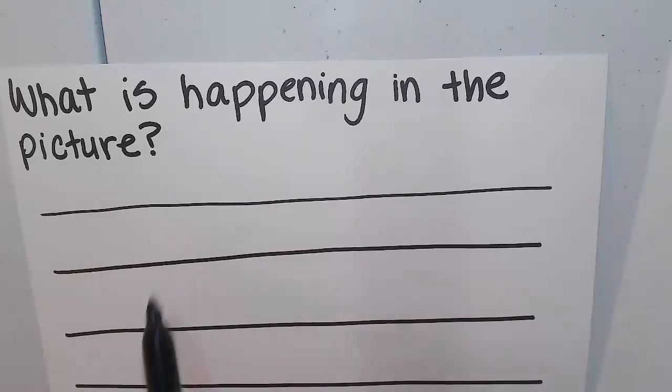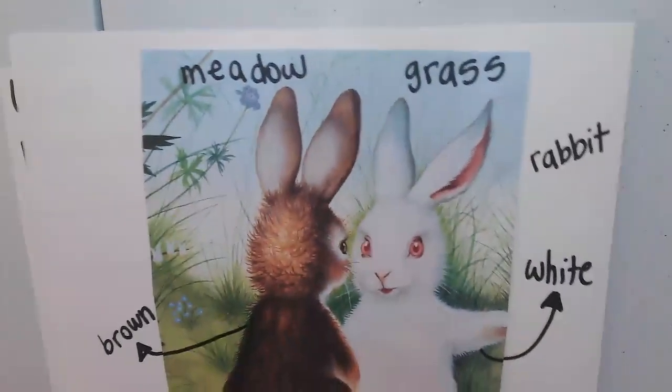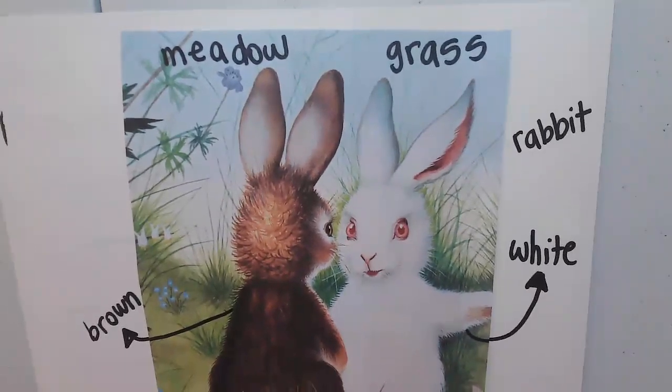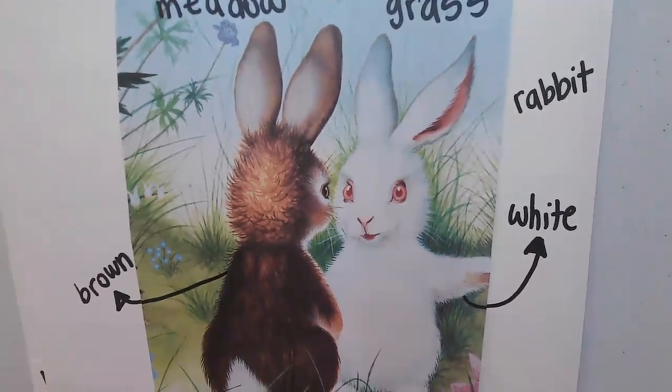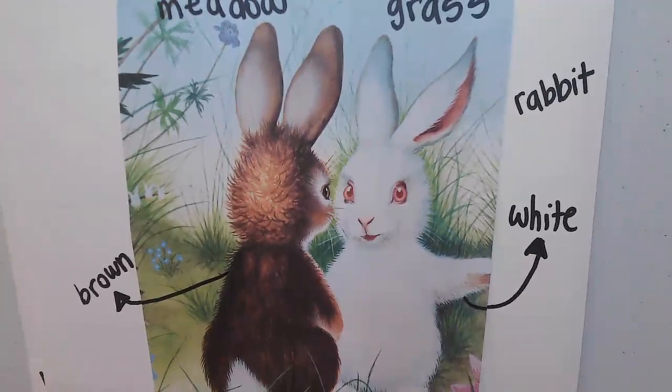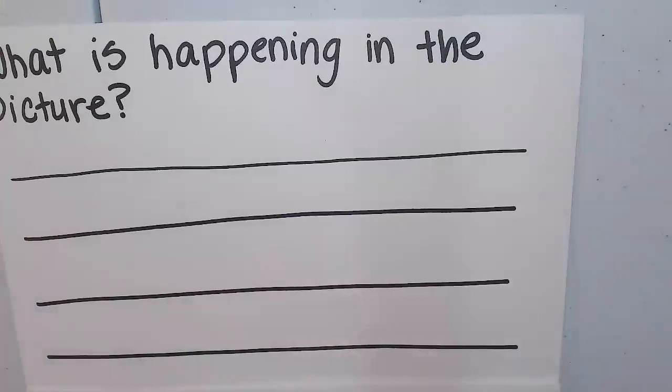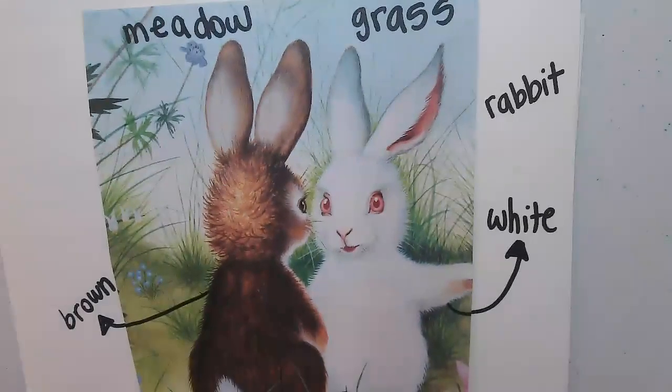So I want you to write what you think is happening in the picture. I want a complete sentence or two with capitals and periods. Go ahead and write it down on your piece of paper on the lines. Okay, go ahead.